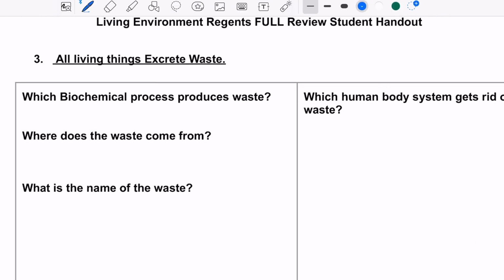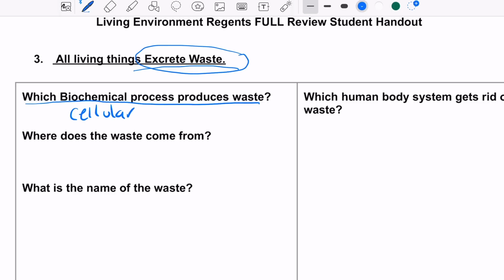All living things excrete waste. We have to remove waste. So let's talk about that. Which biochemical process produces waste? The biochemical process that produces waste is cellular respiration.